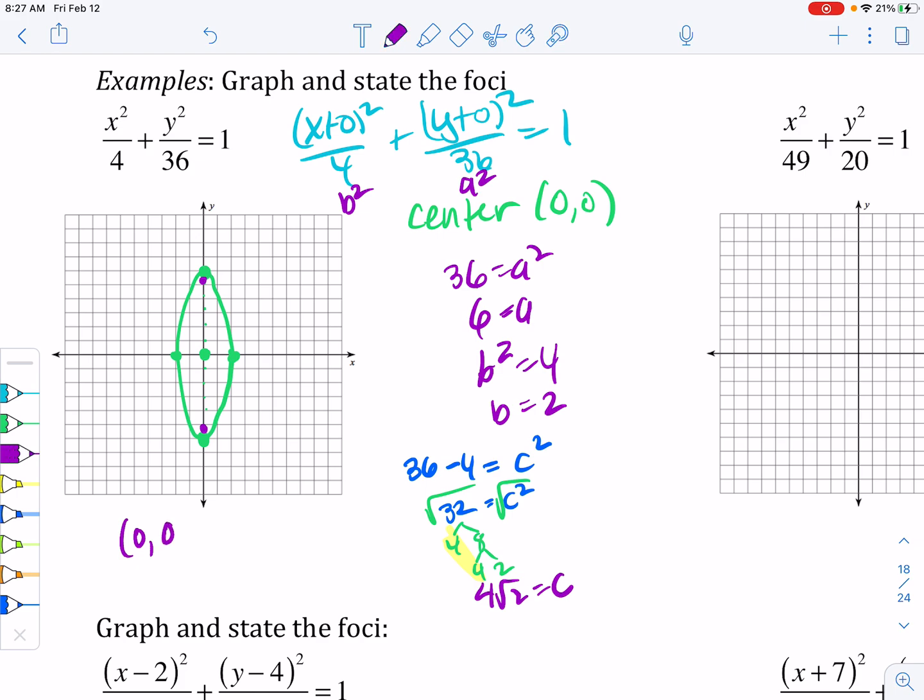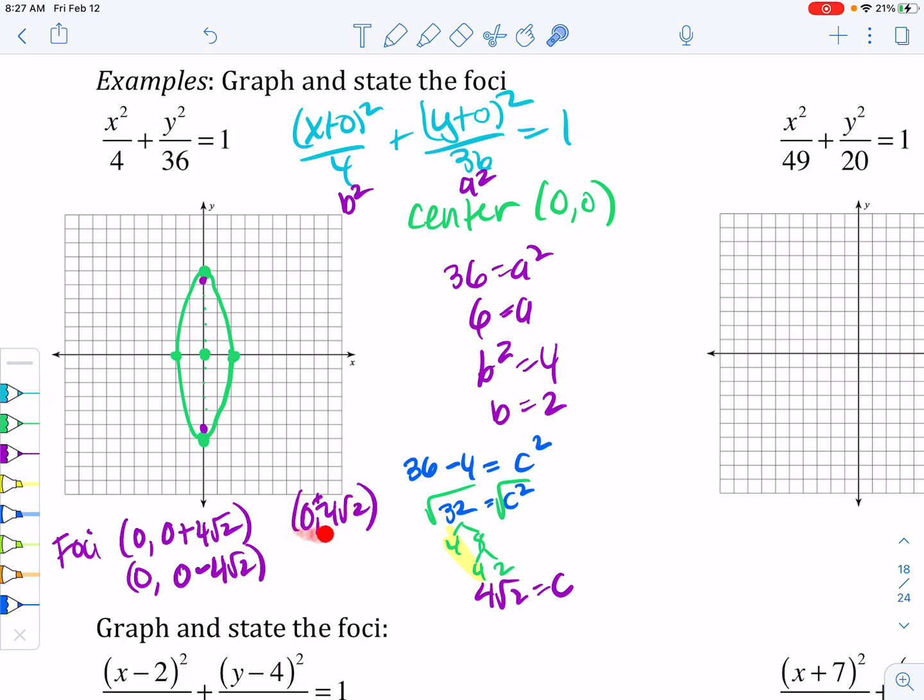Well, the y value of our center is 0, and then we're going to add the foci, which is 4 root 2. And then we're going to take the center y value and subtract, not add, the 4 root 2. So our foci are located at 0, 4 root 2, and then 0, negative 4 root 2.